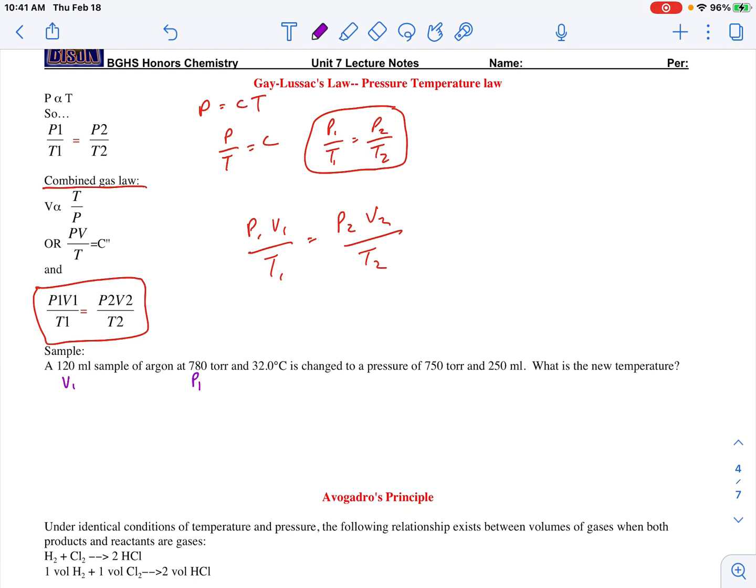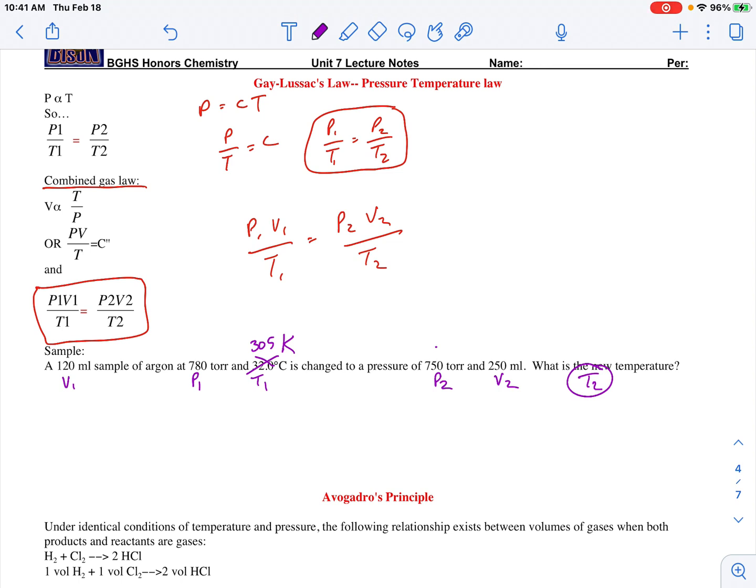Now 32 degrees is T1, but it's not going to do us any good in Celsius, so we add 273 to that and we get 305. Then we change the conditions. So we are changing the pressure. So this is now P2, and this is now V2. And they're asking for the new temperature. So they're asking for T2.